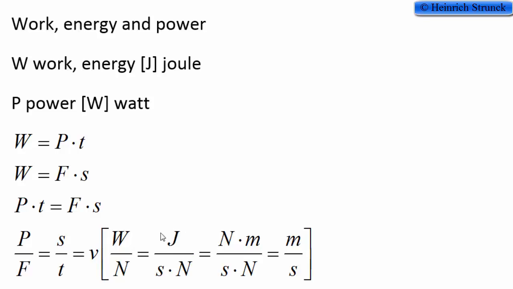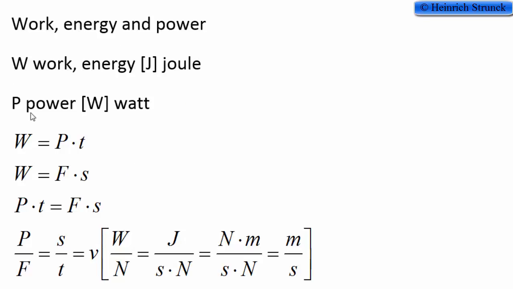We know from physics that joule is equal to Newton times meter. So we have Newton meter divided by second times Newton, and we can see that we only get meter per second back, and it seems to be correct that power divided by force is equal to velocity.